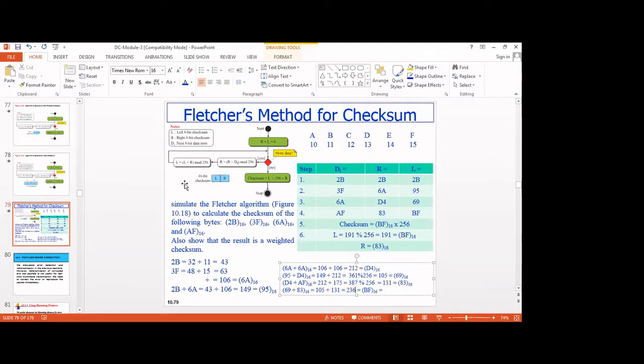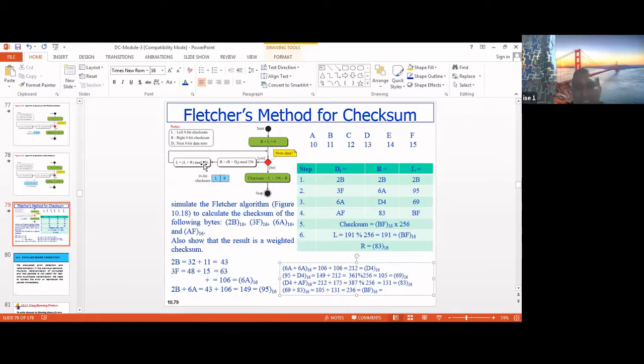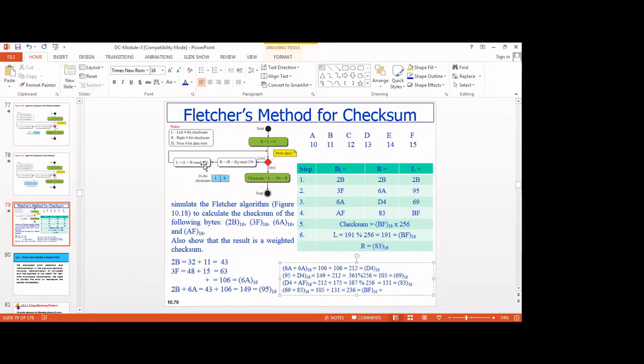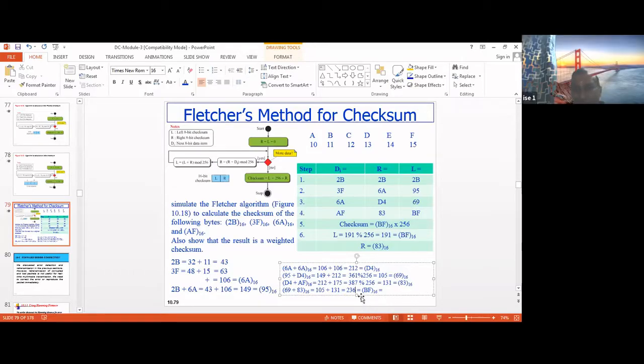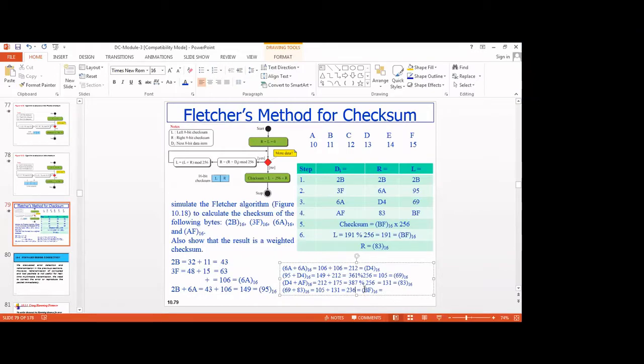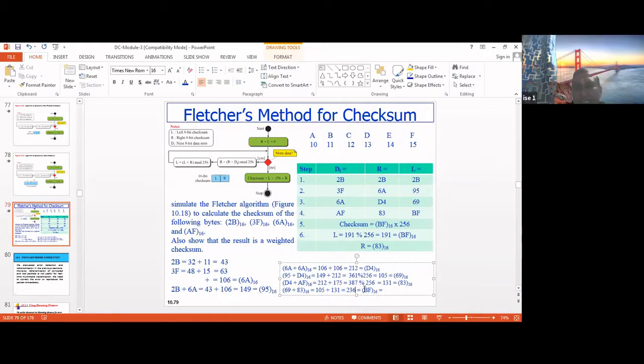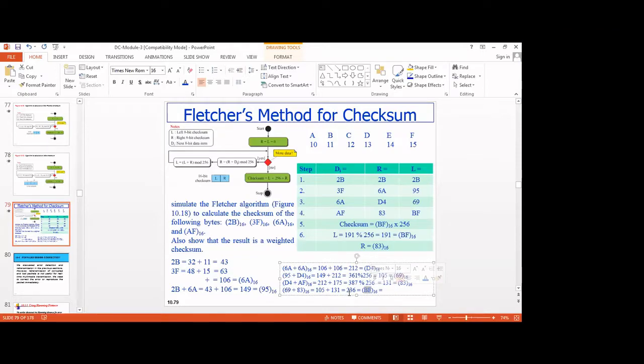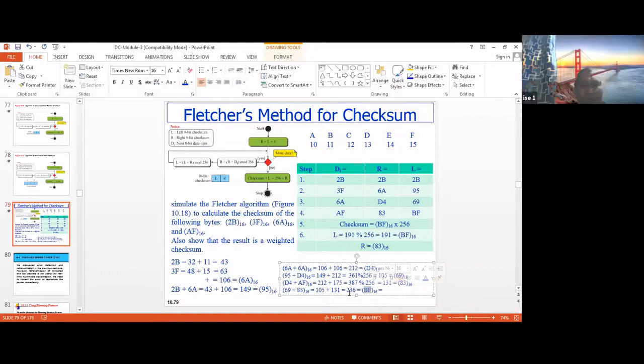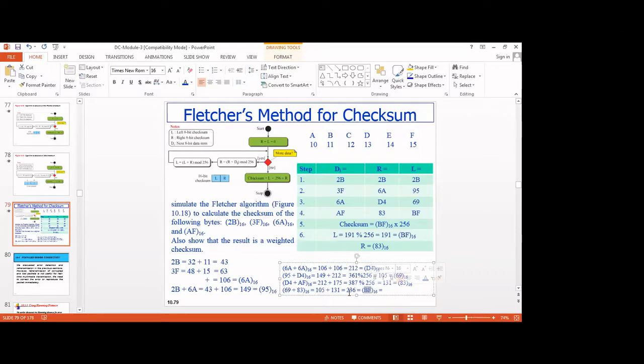Now 236 divided by 256, how much? 236. Convert it into base 16.